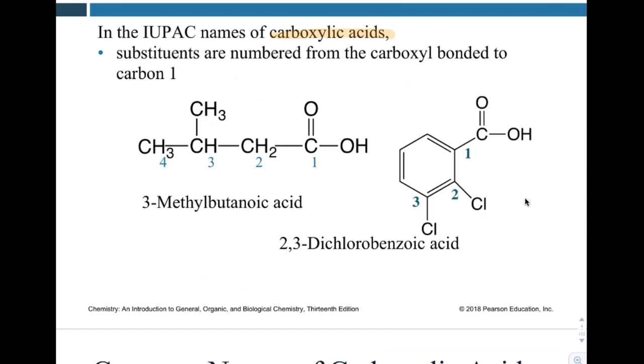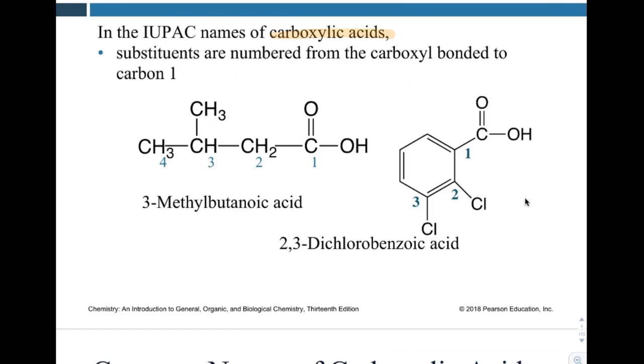If you're having trouble naming something very complicated, as far as your quizzes or exams in my course, it shouldn't be something that's too complicated, but just know that carboxylic acids get the highest priority if you have more than one group there.